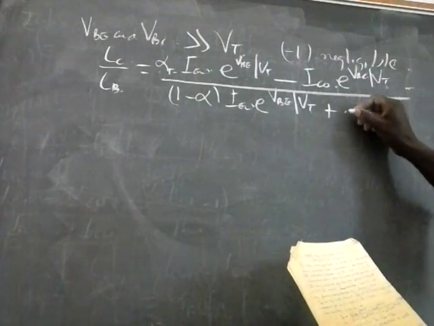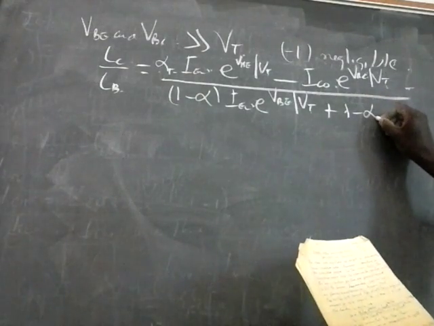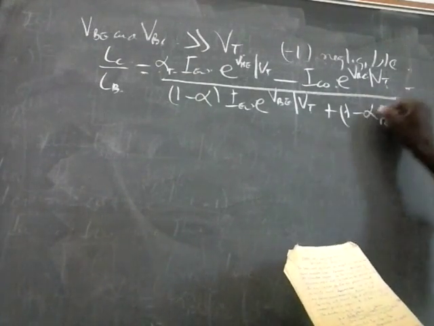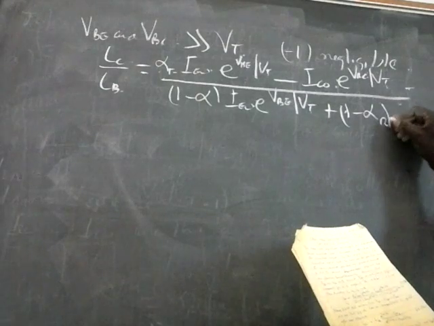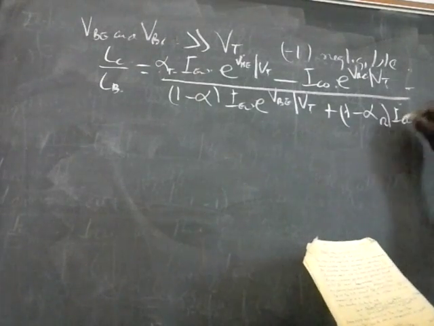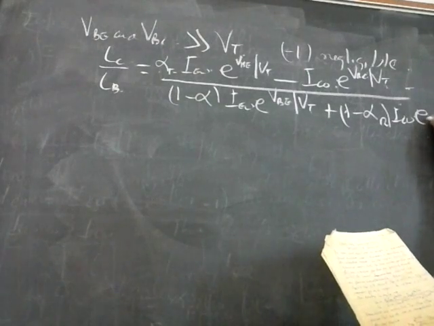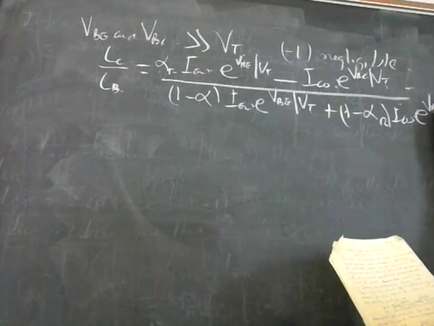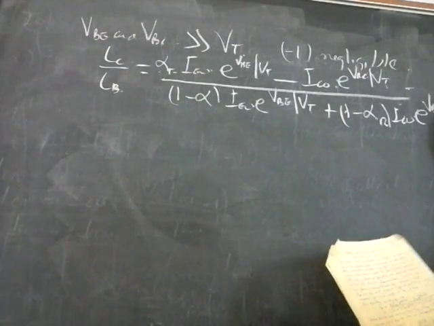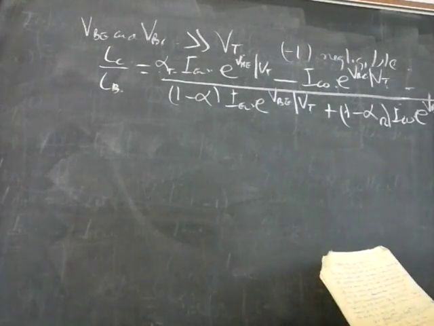That's now 1 minus alpha reverse, I collector diode saturation current, E to the voltage base-collector over VT.